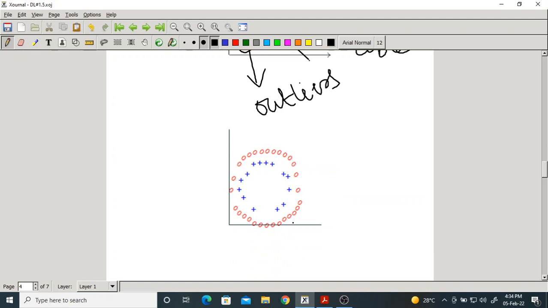Here there are no outliers because all the red points lie on a circle, all the blue points lie on another circle. There are no outliers, but still you cannot draw a line which can separate both the points. Can you draw a line? Okay, so no line can separate the points, but there are no outliers.